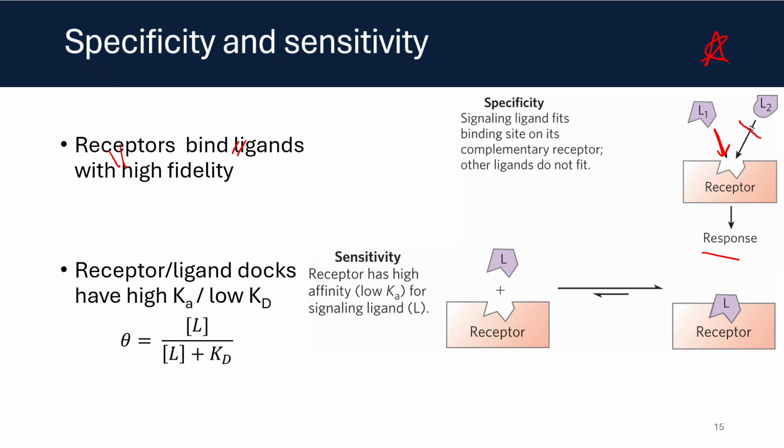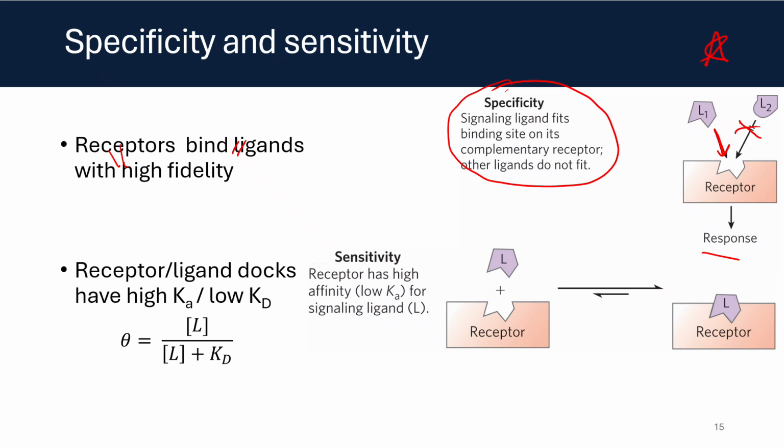So no significant interaction occurs. L2, however, is free to diffuse on over to its appropriate corresponding receptor and trigger that response. In short, life wouldn't work if ligand-receptor interactions weren't specific, because we'd be constantly misfiring the wrong responses to the wrong signals. It would be a disorganized mess.